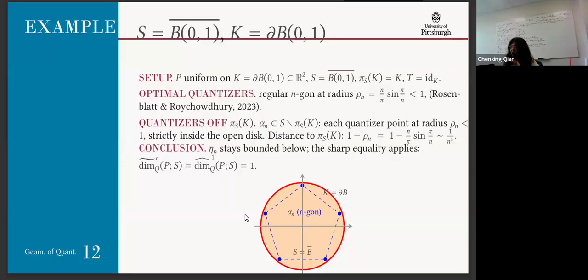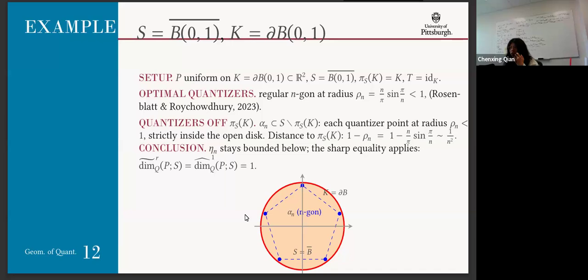They calculated that the optimal quantizers in this case are the vertices of a regular n-gon, whose radius, denoted by rho n, is strictly less than one but approximates the boundary of the unit circle.